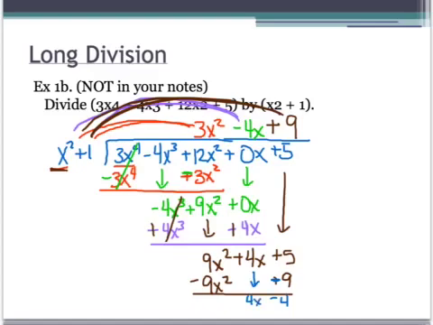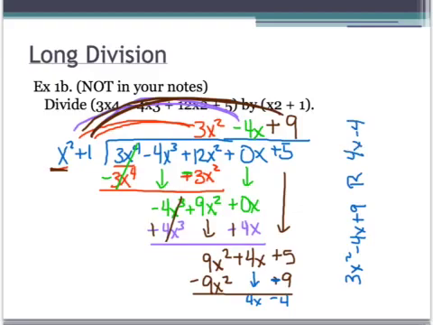All right, so my quotient is going to be 3x squared minus 4x plus 9, but I also have a remainder. So one way to write that, and I'm going to just write this sideways, is 3x squared minus 4x plus 9 with a remainder of 4x minus 4.